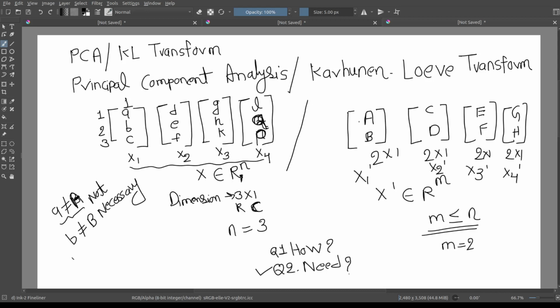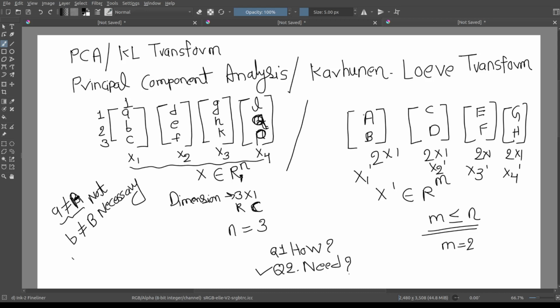So that's why PCA is useful; this is one of the reasons. The second reason is that it reframes the original data X in a more informative way according to their variance.